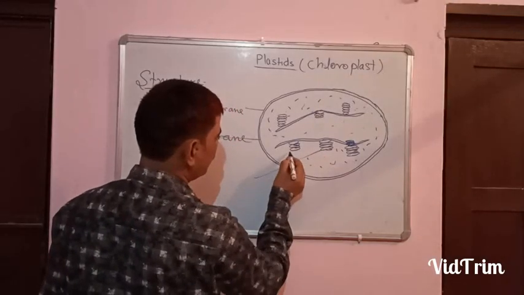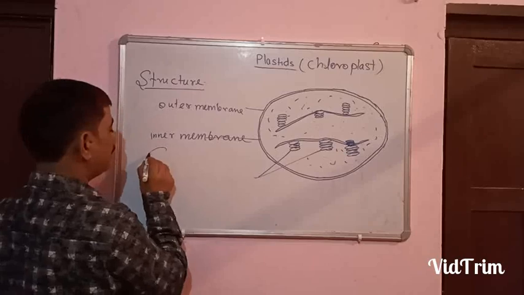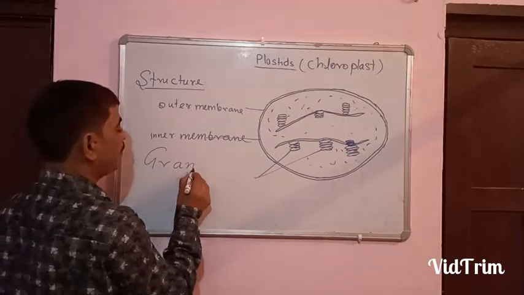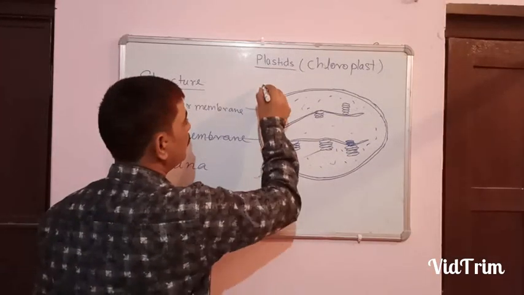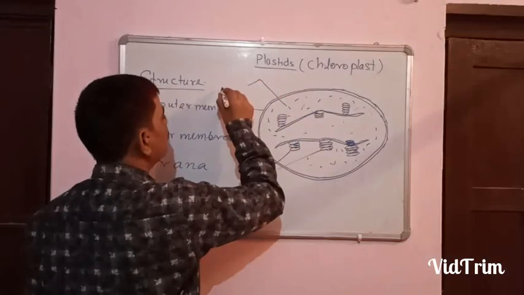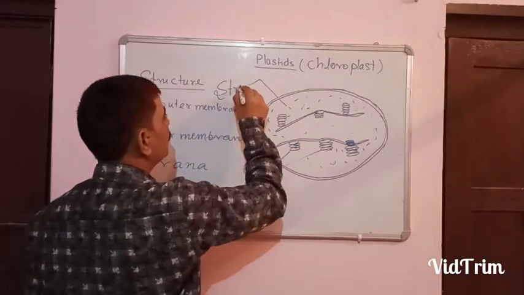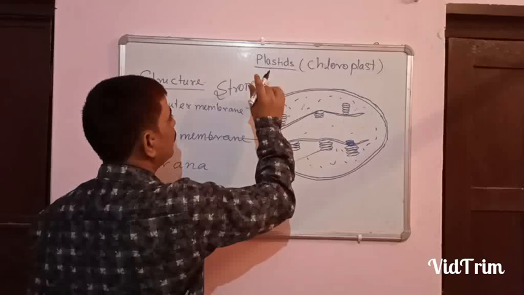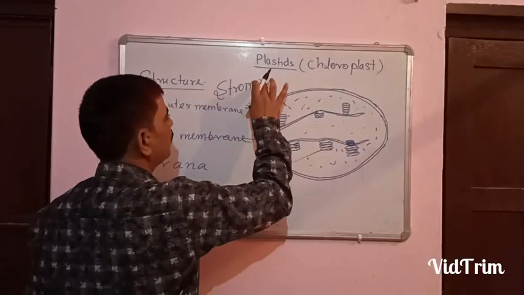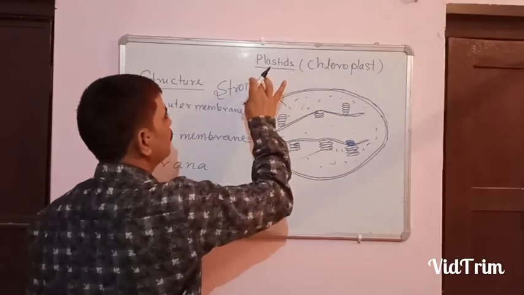These structures are called grana, and this liquid part is called stroma.